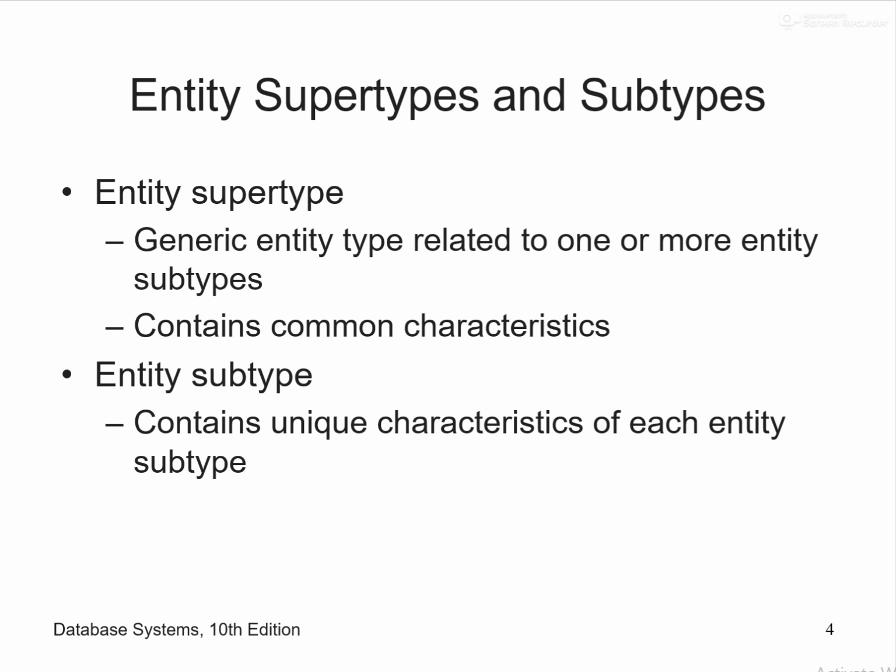We will explain it with some examples. Consider an employee entity: we can have two types of employees, hourly employees and salaried employees. Similarly, in a university example, we can group our employees as faculty, staff, and administrators.